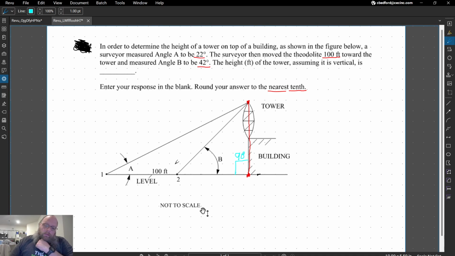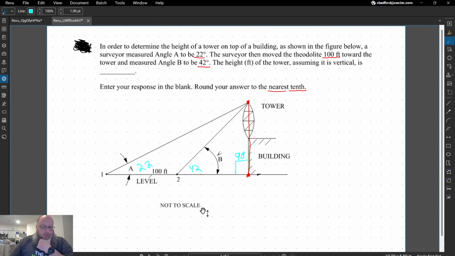All right, when I plug in my information, angle A is 22 degrees and angle B is 42. So this is what they've given me to figure out this problem. I need this line. So in order to get that line, if I'm working off of this triangle, I need a distance and an angle, right?